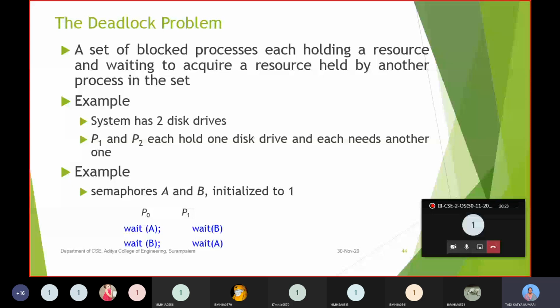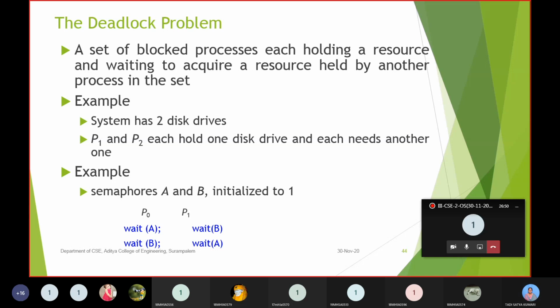Here he is defining deadlock by taking an example of a computer system which has two hard disks, and there are two processes P1 and P2, each holding one of the two hard disks of the system. P1 is holding one hard disk and P2 is holding the other.